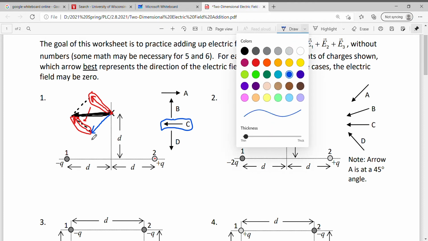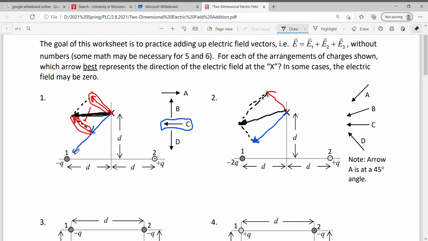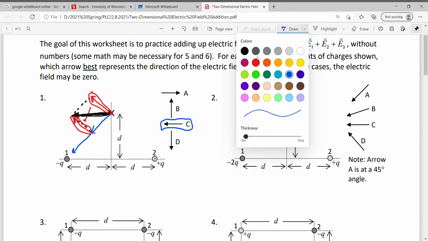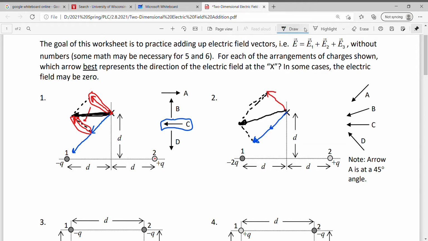So basically, we double up the length of this blue vector. Previously, our blue arrow was this long. Here we have this minus 2q, so the blue arrow is doubled. Therefore, the sum of this red and blue vector will be pointing to the left down. I think we can see this better here.